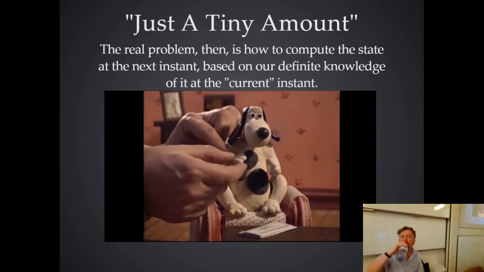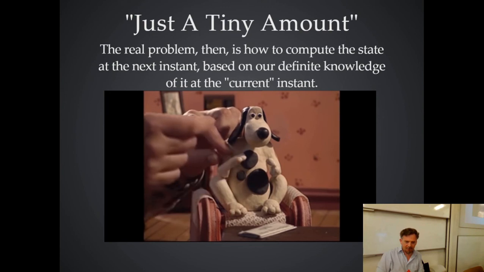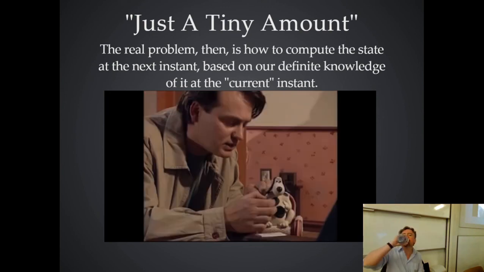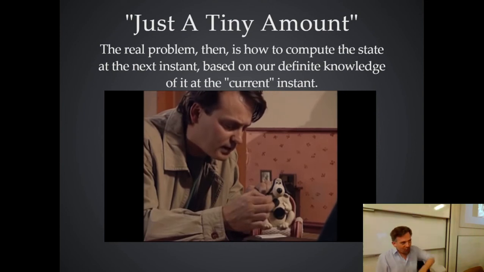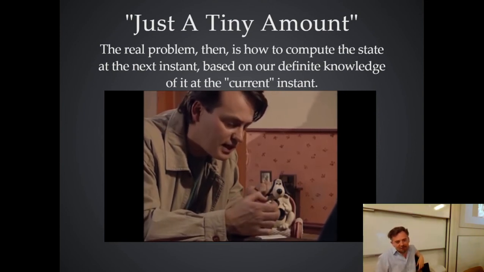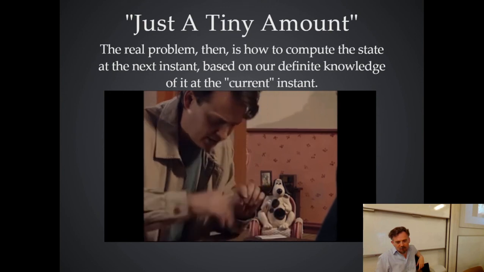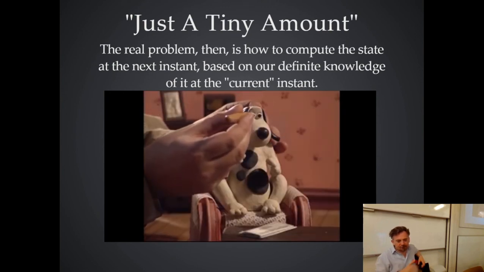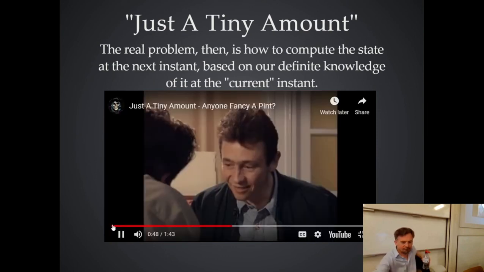Right. And then you'd move one finger, again, a tiny amount. Right. Second finger, just a tiny amount. The third finger, just a tiny amount. And then we'd have to move the eyes around. Again, just a tiny amount. And the other one, a tiny amount.